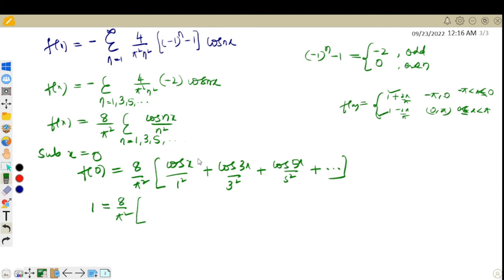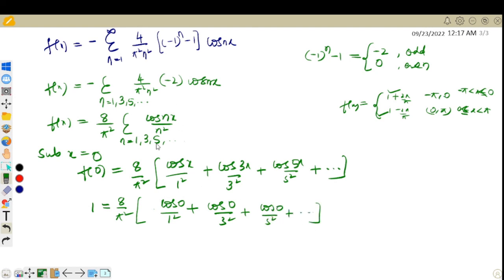Now you can substitute x equal to 0 here: cos 0 by 1 square plus cos 0 by 3 square plus cos 0 by 5 square plus so on.